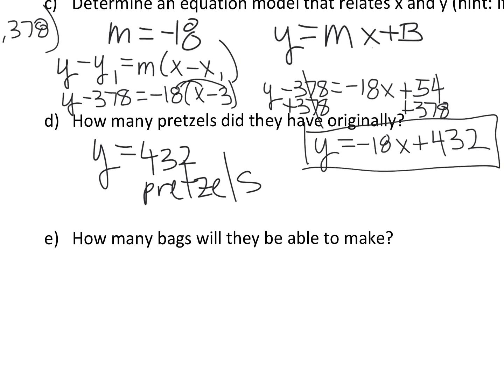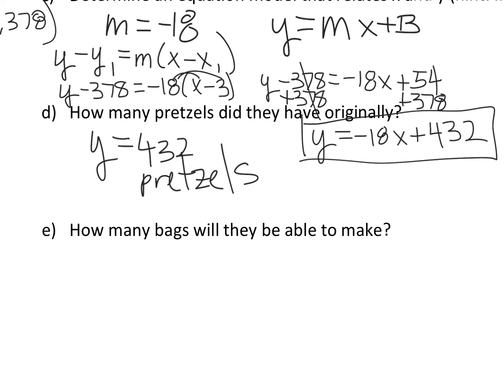How many bags will they be able to make? Well, let's see. What's physically happening is we're putting pretzels into the bags. We have this many pretzels remaining in the container. We keep going until we run out of pretzels. So what this is saying is how many bags we'll make by decreasing the number of pretzels remaining to 0.